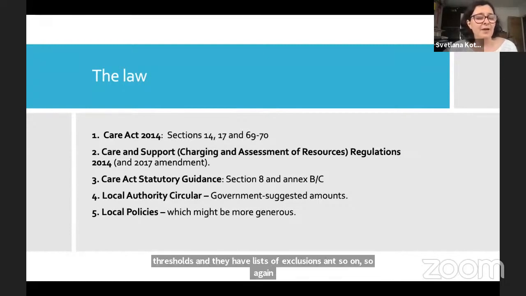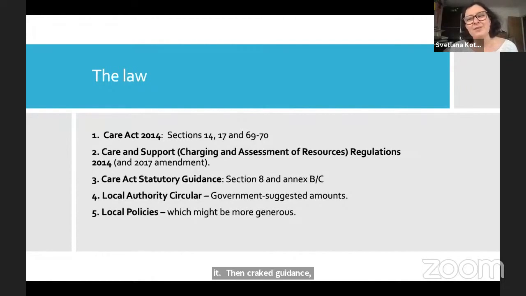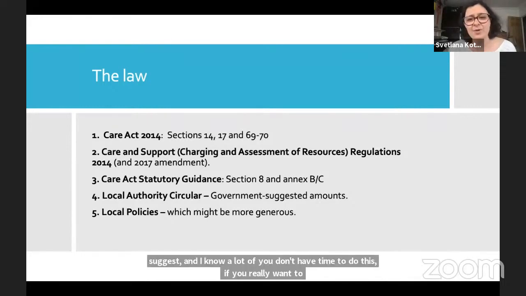Then there is the Care Act statutory guidance, which is a document written in more human language. I personally suggest, and I know many of you don't have time to do this, but if you really want to challenge something, this document is really worth reading, because it's fairly easy to understand, and you can refer to specific points in this guidance when you communicate with the local authority.